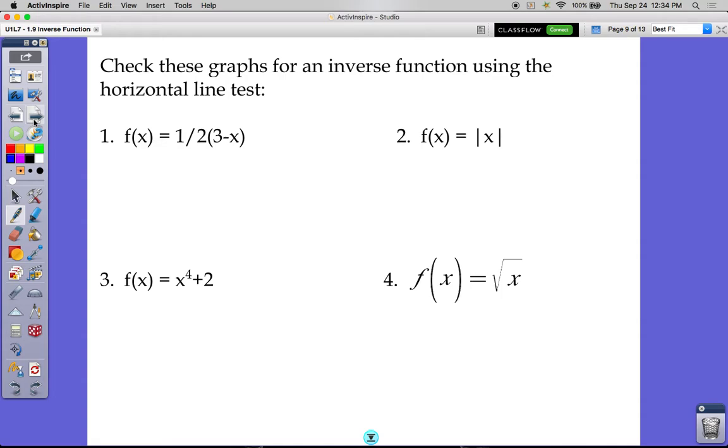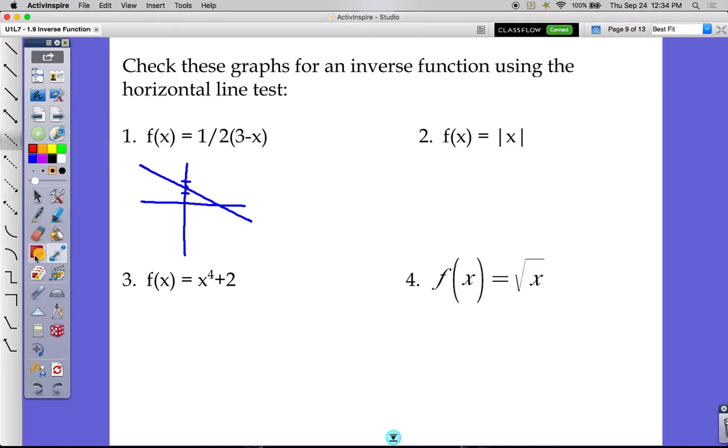So the graph of 1/2 of 3 minus x. If you're looking at this, roughly half of 3 is 1.5. So this graph crosses somewhere around here. The slope is negative 1/2. So a quick sketch is just something like that. Will it pass both horizontal and vertical line tests?